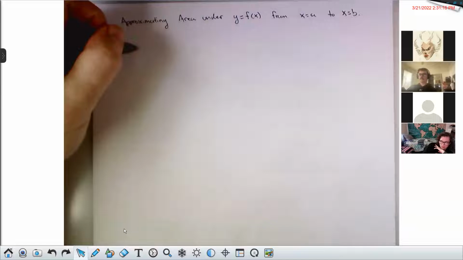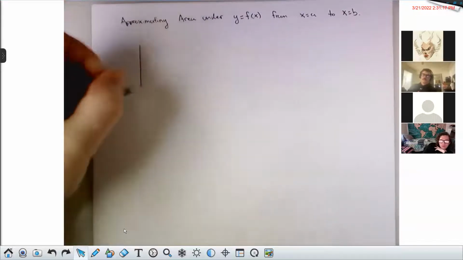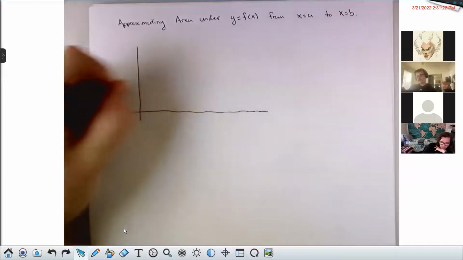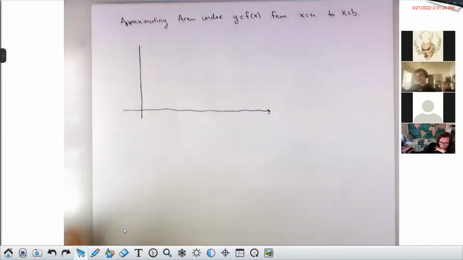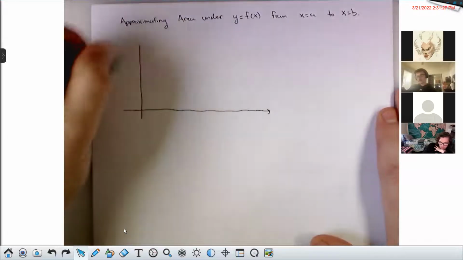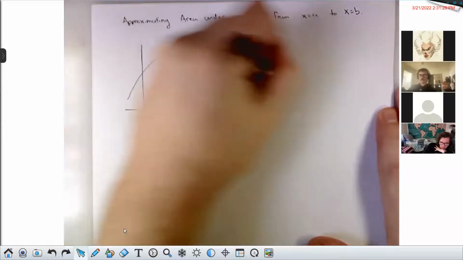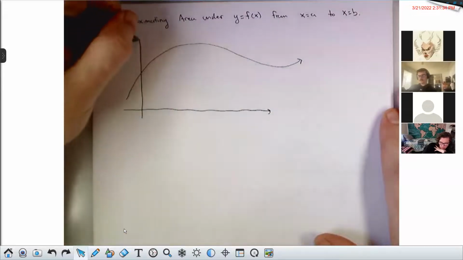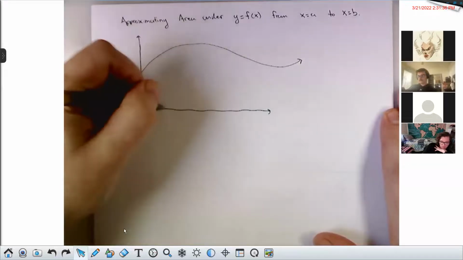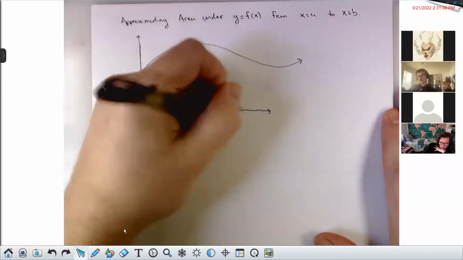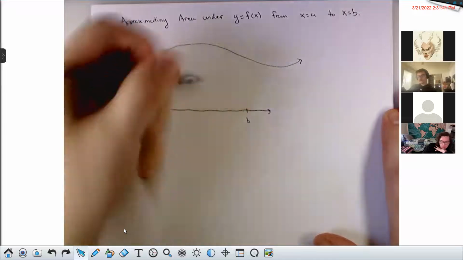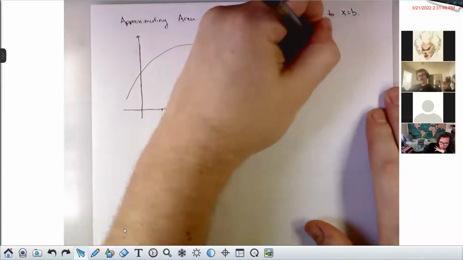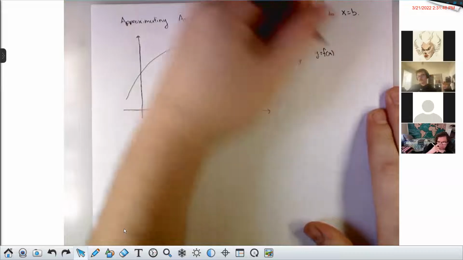I'm going to assume that f is continuous here, although it's not necessary to do so. We'll put A over here and B over here. This is the curve y equals f of x.